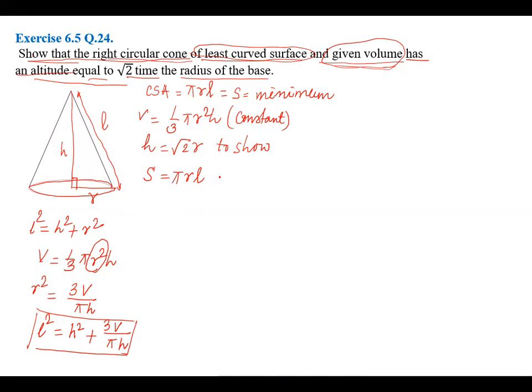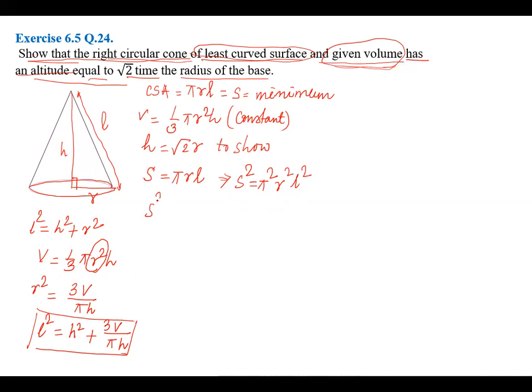So s square is equal to pi square r square L square. Now I'll replace r square by 3v by pi h and L square by h square plus 3v by pi h.